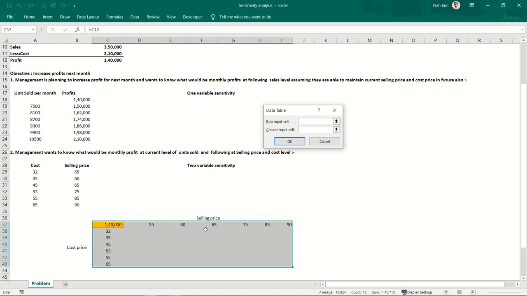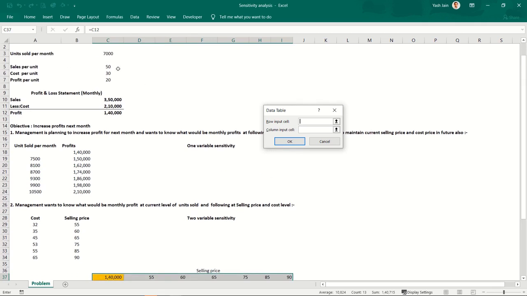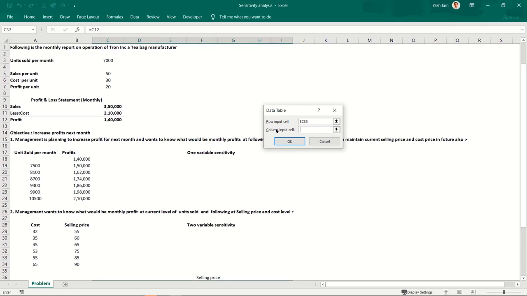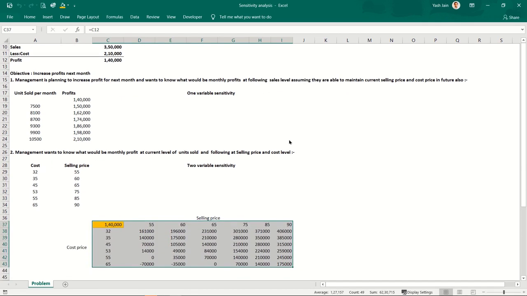So in my row I have this 37th row contains data of selling price. So my input for row is this selling price. Then it is asking what data is there in your column. My cost data is in my column. So my column input would be this cost and I press OK.